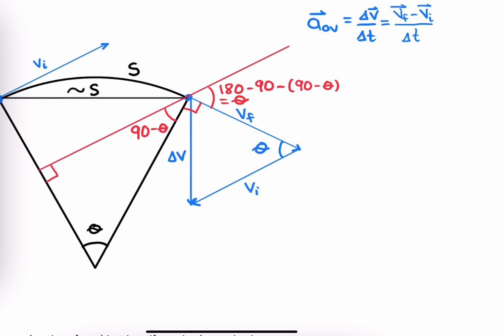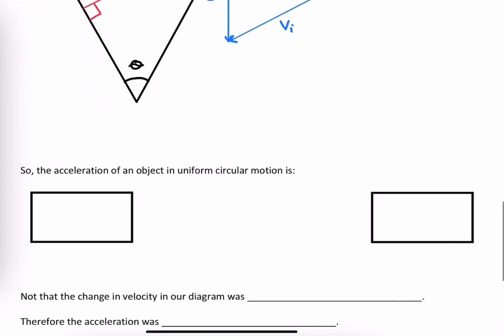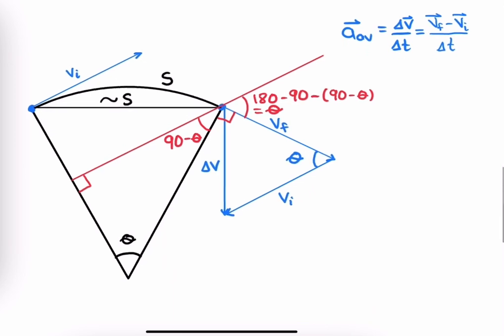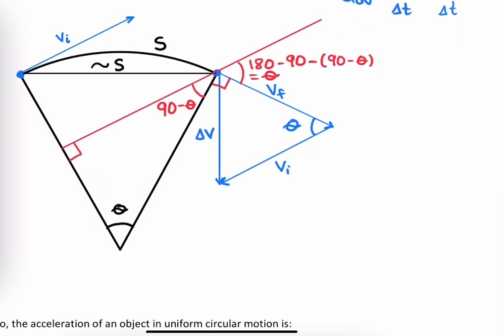Okay, so now I want to look at these two triangles a little more closely. This one over here, which I'm calling the pizza triangle, and this one over here, which is the triangle with all my velocities, they have some similarities. They both start with theta as one of their angles.